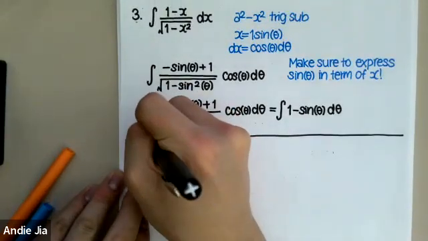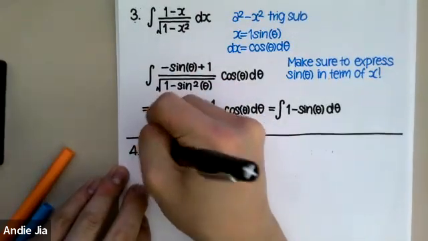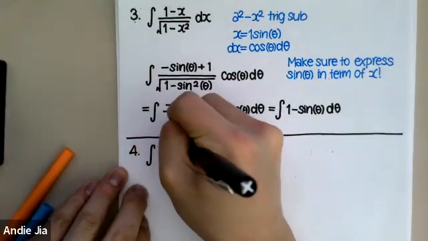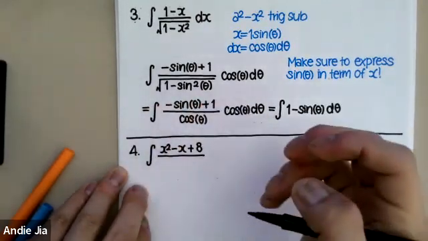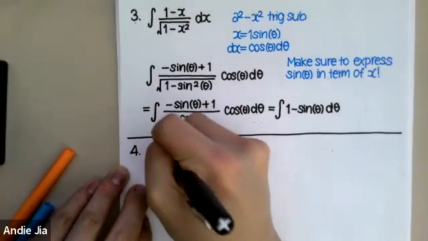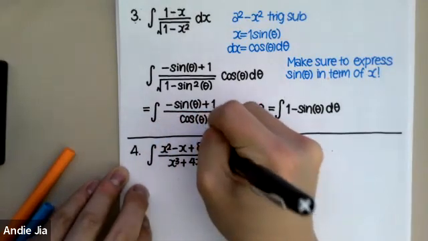So I write them as so: it's going to be x squared minus x plus 8 on top. The bottom is going to be x cubed plus 4x.